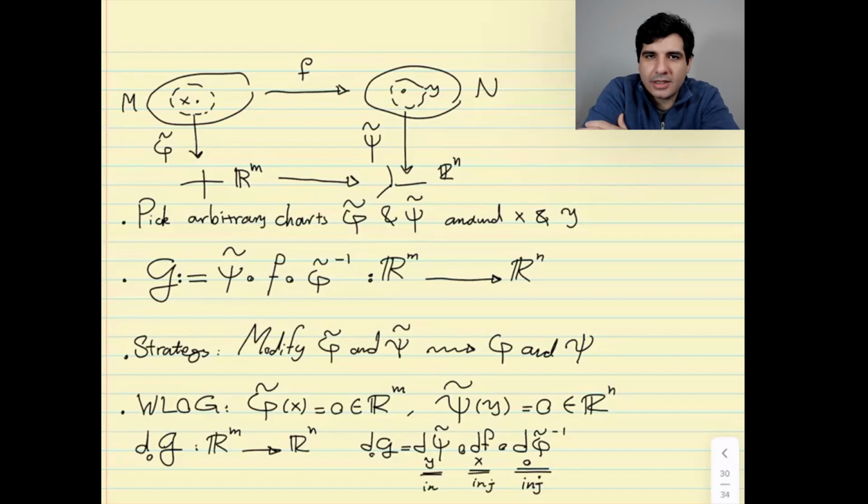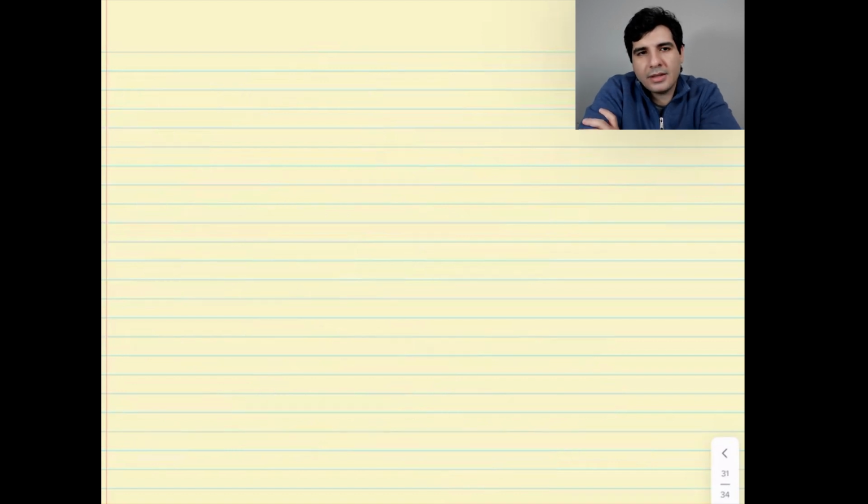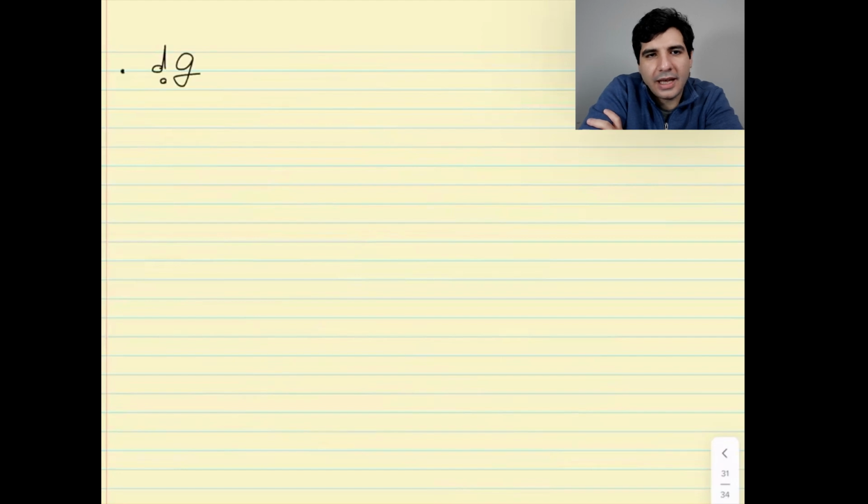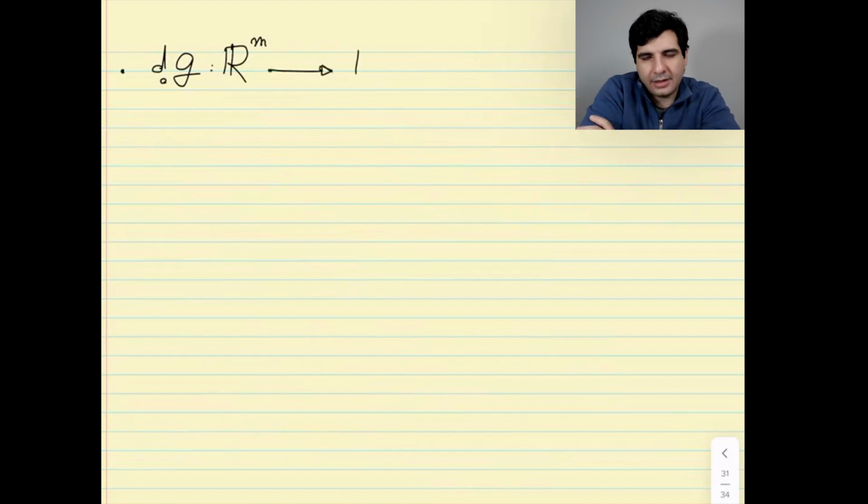D of f is injective because f is an immersion, and d of psi tilde is injective. Composition of injective maps should be injective, so d of g at 0 is injective. So just to say it again, the derivative of g at 0 is a linear injective map from Rm to Rn, right?